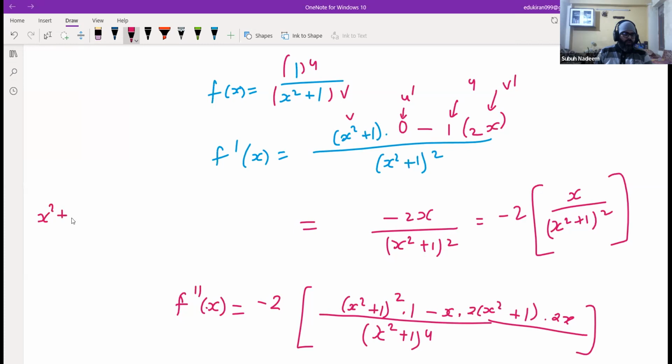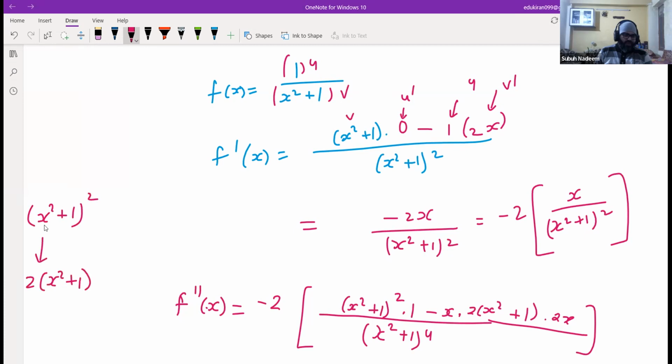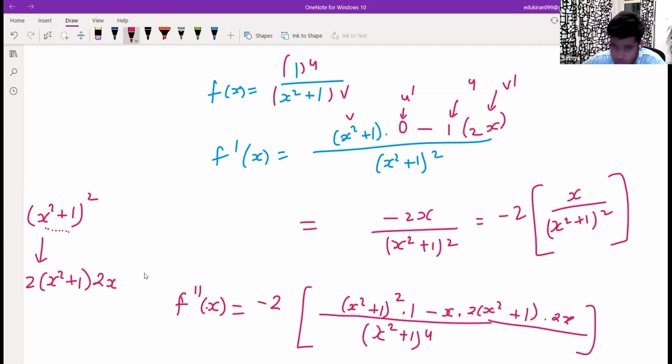So this is 2 into x squared plus 1, and further there is an inside function, x squared plus 1, so you have to differentiate that also, and that is 2x. Shouldn't we put x? Okay, so add 2x. Yeah, multiply 2x.